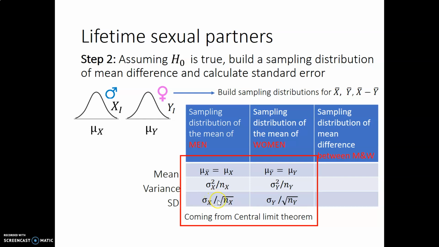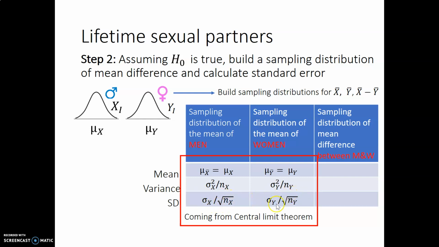The equation we want to use here is the sample's standard deviation divided by the positive square root of the sample size. So for men, the standard error of their sampling distribution is, taking these 10 men as a sample, their standard deviation divided by the positive square root of their sample size.